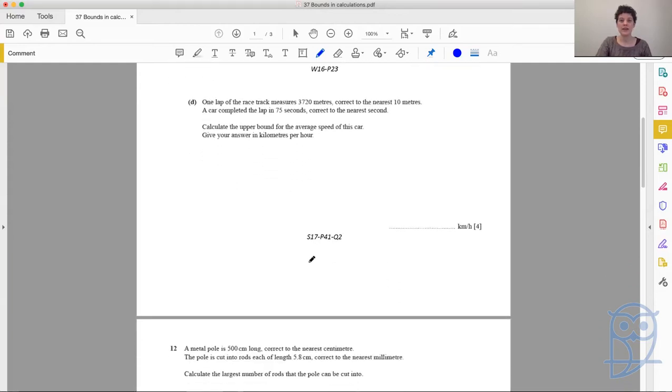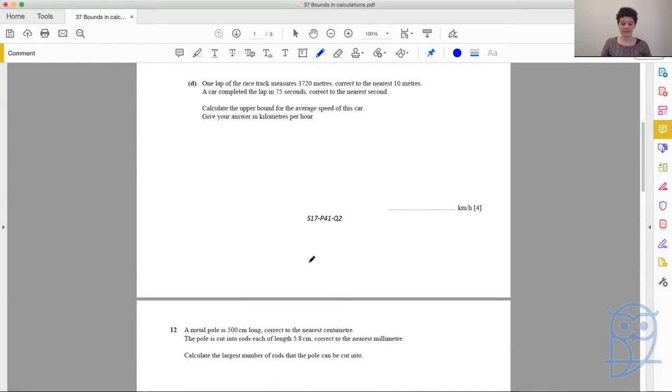So moving then to summer 2017. One lap of a racetrack measures 3,720 meters. Correct to the nearest 10 meters. So half of this, plus minus 5 meters. A car completed the lap in 75 seconds.